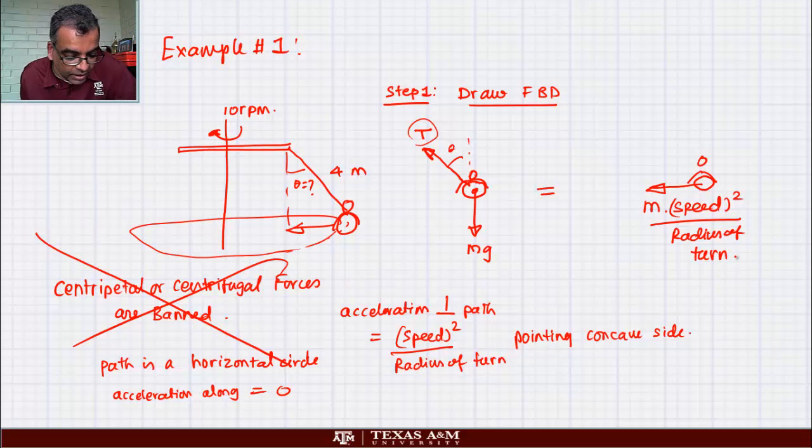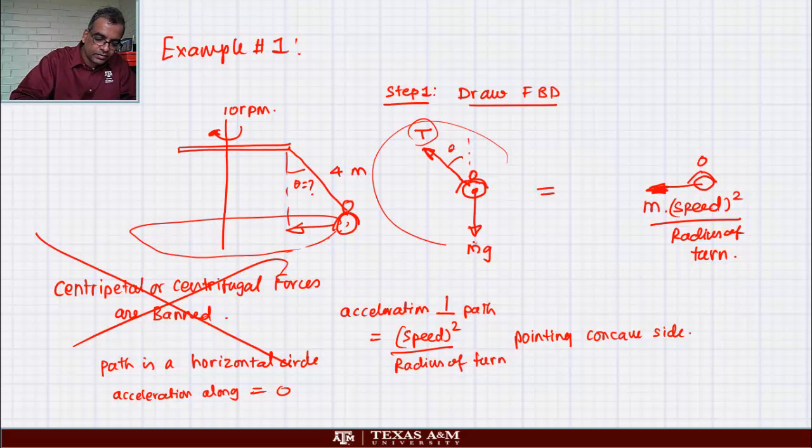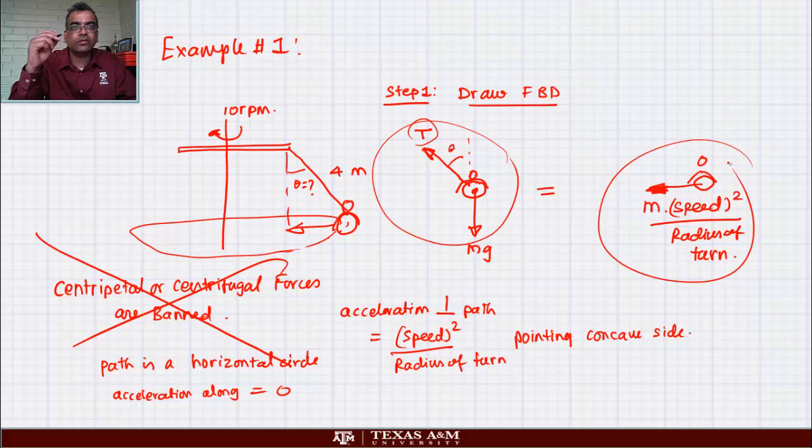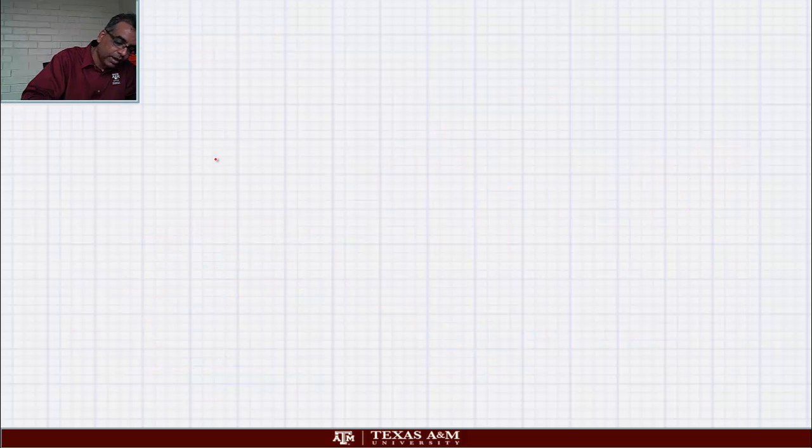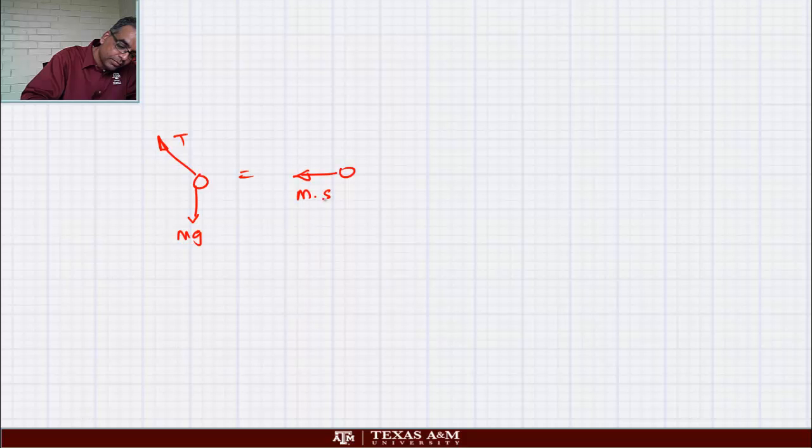So now we have the equations that we need. This is the only acceleration component. So this vector system must be equal to this vector system. That's all we have to do. Okay, so let's do this. The way it's going to work is the following. So here was the tension, mg equals m speed squared divided by radius.